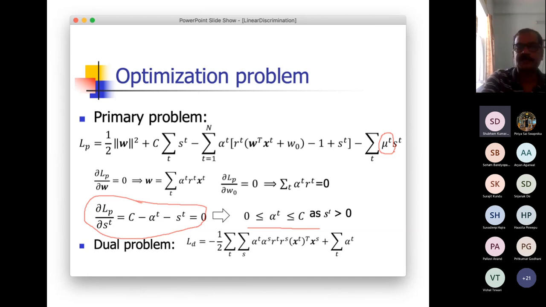So mu t is a parameter here, which is taken as 1. Right. So the new constraint is that earlier in the earlier problem, alpha t was supposed to be just positive or equal to 0, but now it has to be limited by c because of this new constraint. That is the interpretation of c, hyperparameter c. So alpha t will vary between 0 to c.